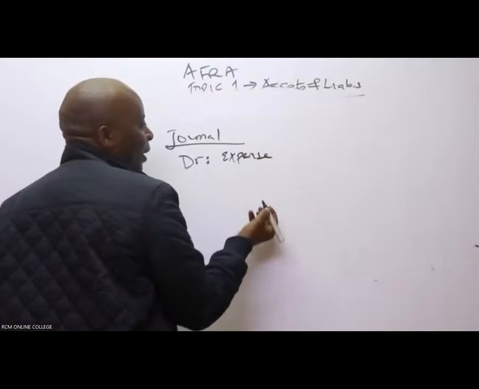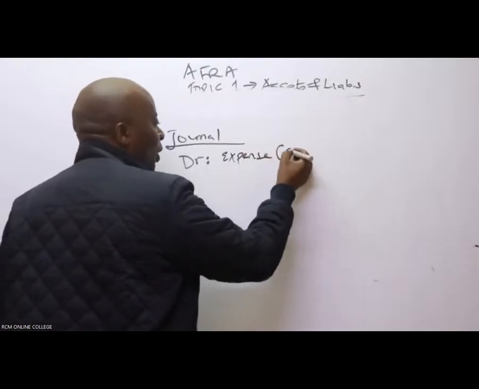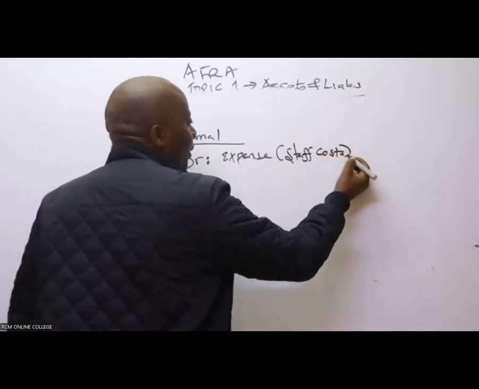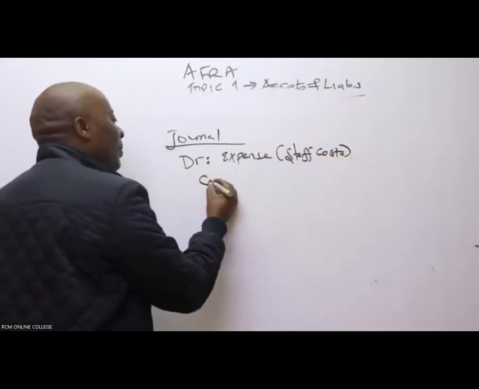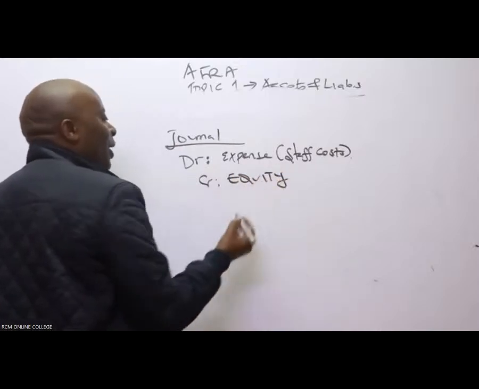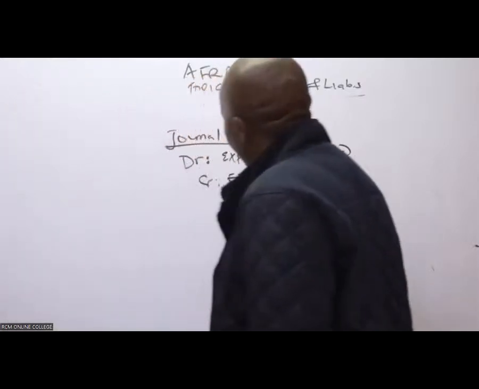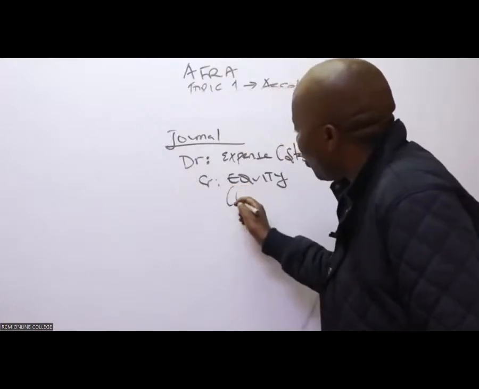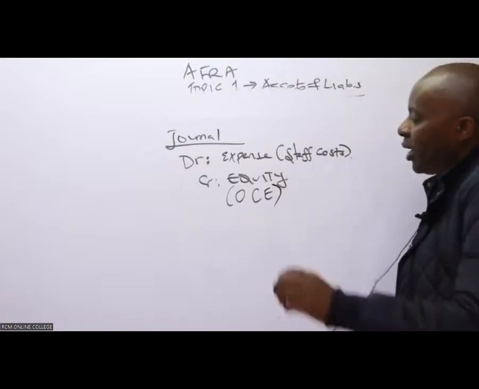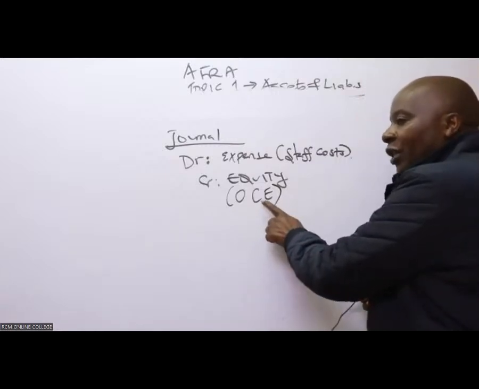This expense, of course, we shall call the staff costs. And then we shall come under credit equity. Remember this equity will go under what we call other components of equity. Write this in full: other components of equity.